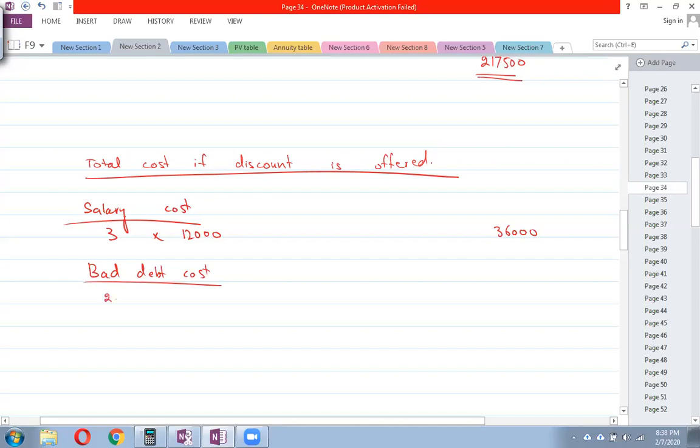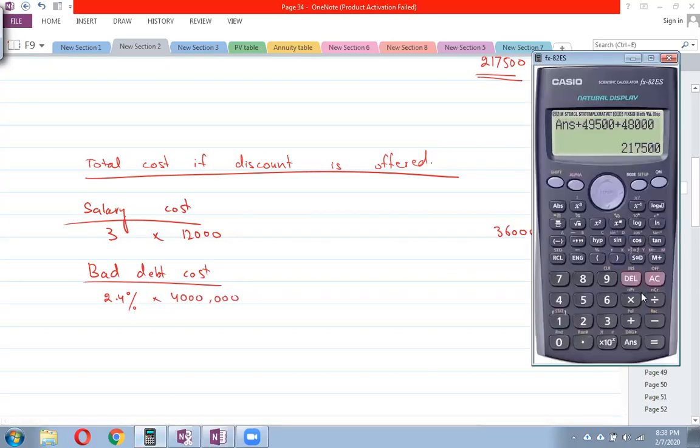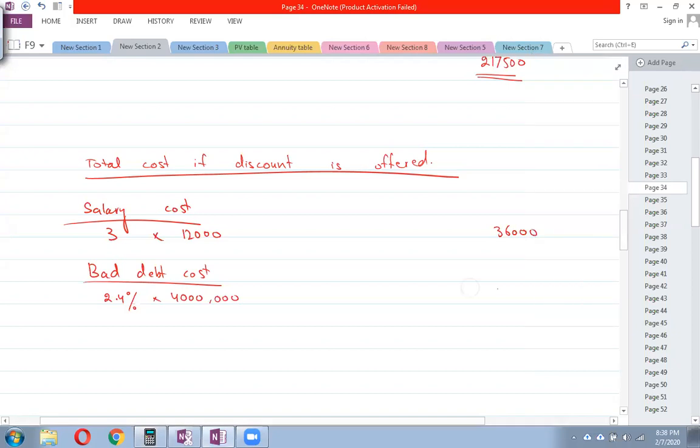Bad debt is going to be 2.4% of turnover. So 2.4% of turnover, 4 million, will give you 96,000, right? Good one. And now the interest cost.